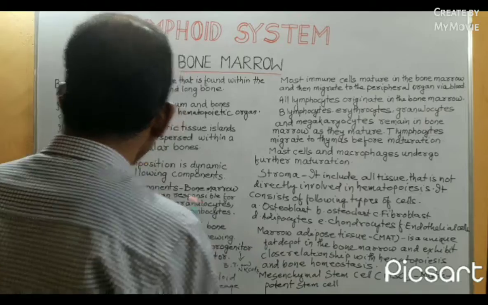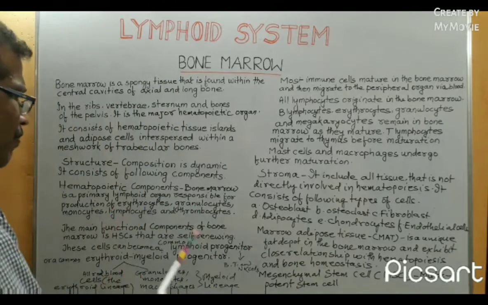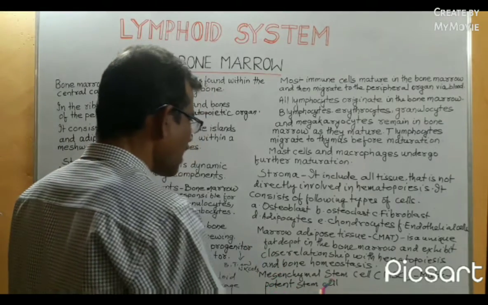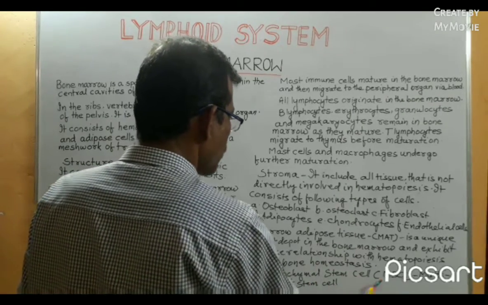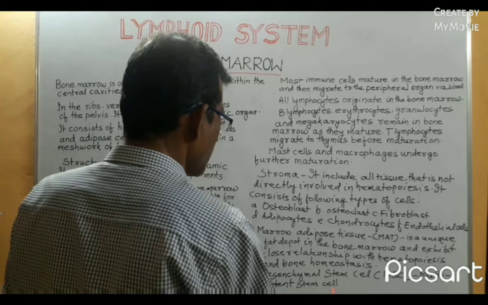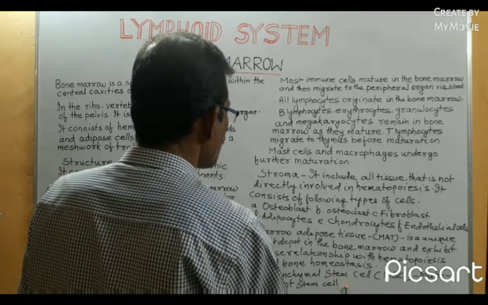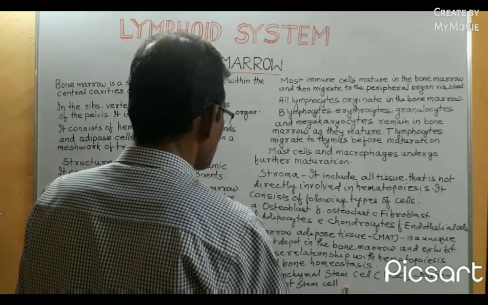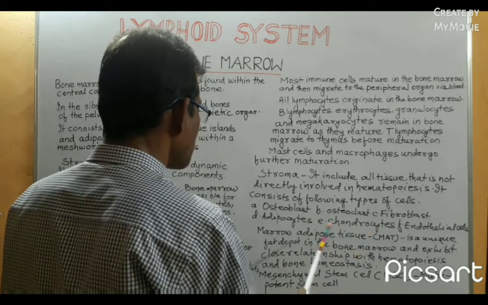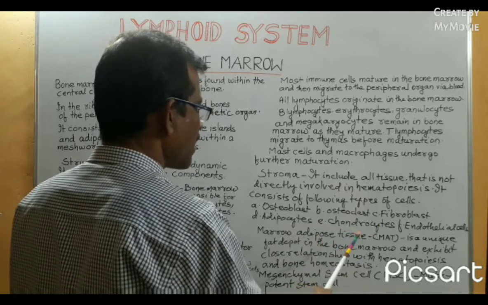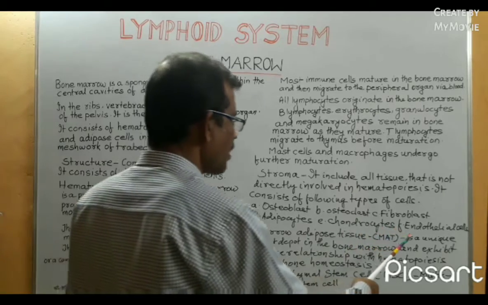One is hematopoietic stem cell, other is mesenchymal stem cell. Mesenchymal stem cells are also multipotent stem cells that give rise to various types of cells like osteoblast, osteoclast, fibroblast, adipocytes and chondrocytes and endothelial cell.